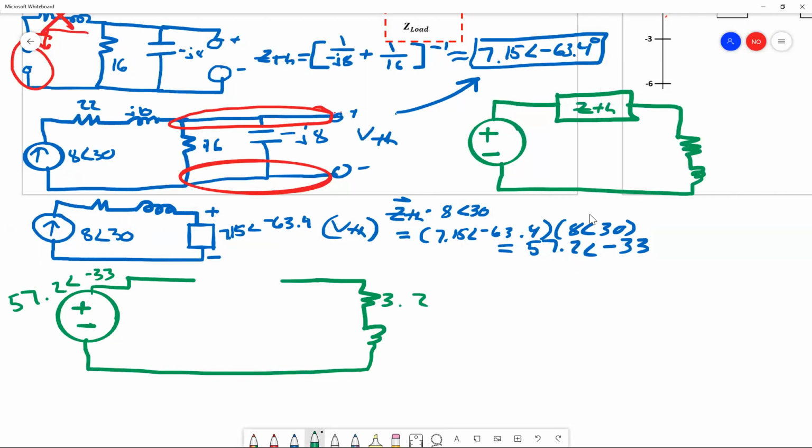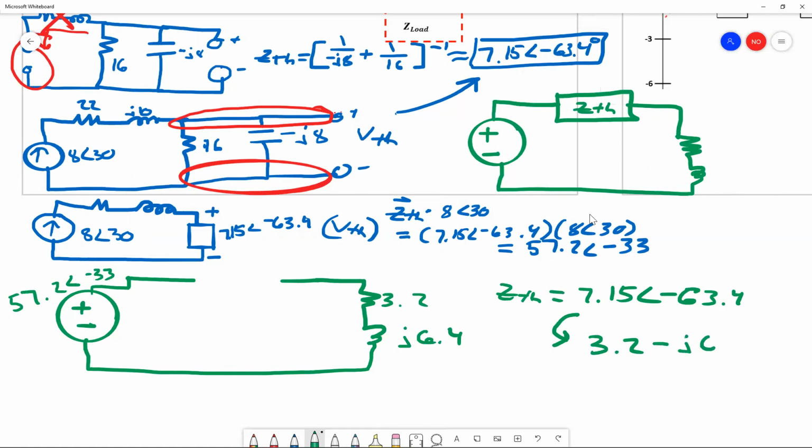This resistor was at 3.2. This part was at 6.4 J. And the last step is to plug in your Z Thevenin. Now, Z Thevenin was equal to 7.15 at an angle of -63.4. So we're going to turn that into rectangular form using your calculator, which will give you 3.2 minus J 6.4, or something very close.